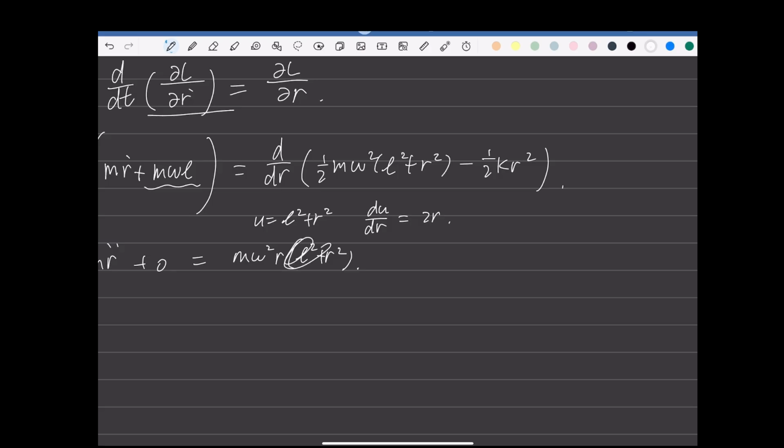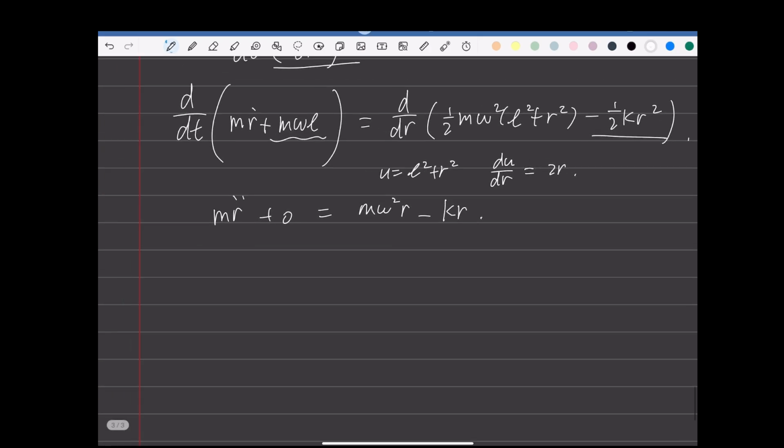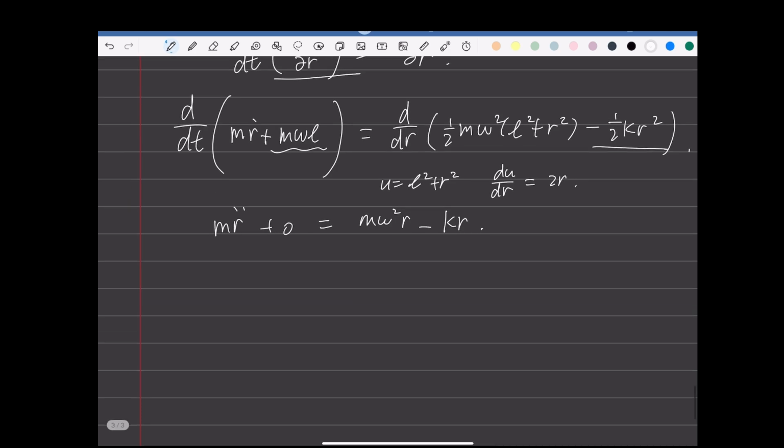Oh, sorry, this term disappears. So basically, it should be m omega squared r. And then what about this term? It just becomes k r. And so we have now obtained a differential equation.